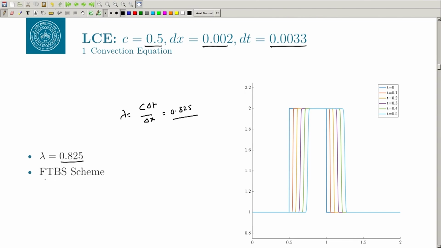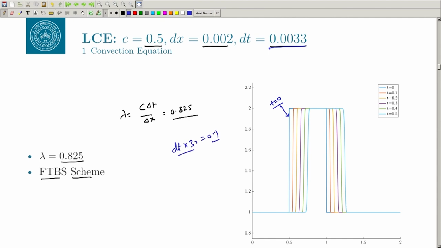And I am using this forward in time and backward in space scheme that we have discussed, and this is how the solution behaves. This curve that you see is your time equal to 0. Because we are using a very small time step, remember delta t is 0.0033, I am plotting it every 30 time steps. So, dt equal to 0.0033 multiplied by 30 will give you 0.1.